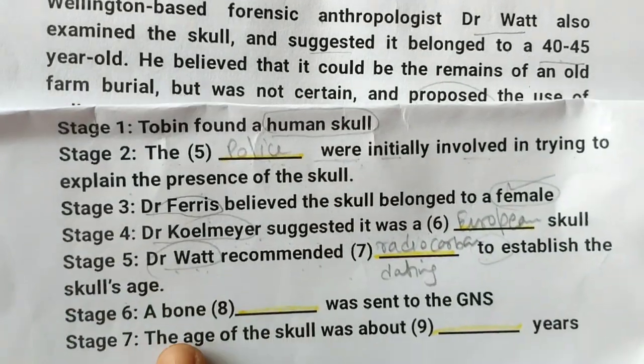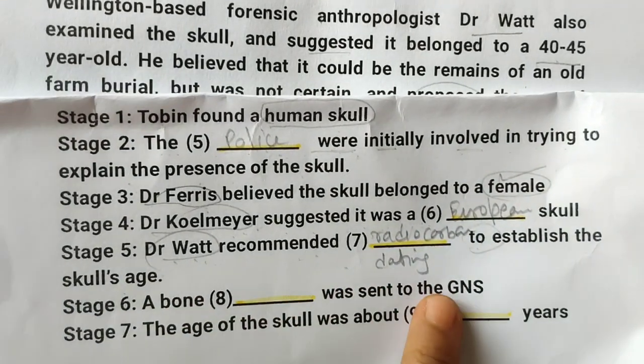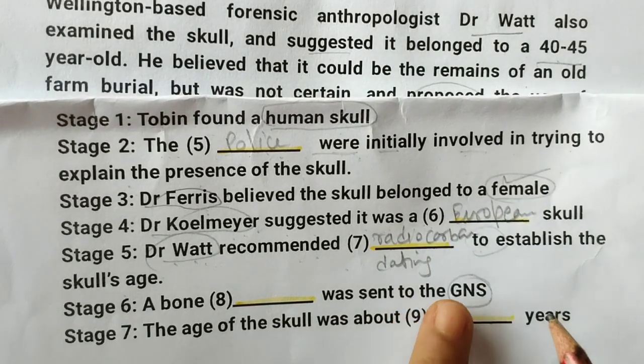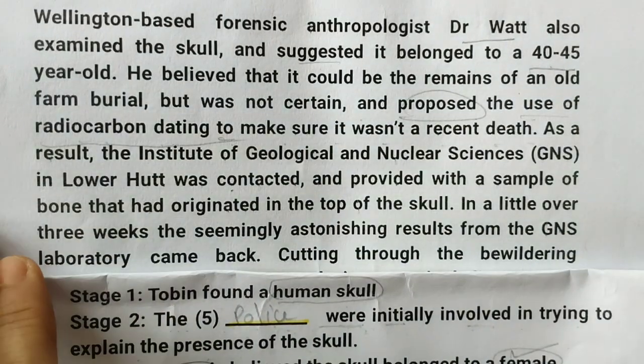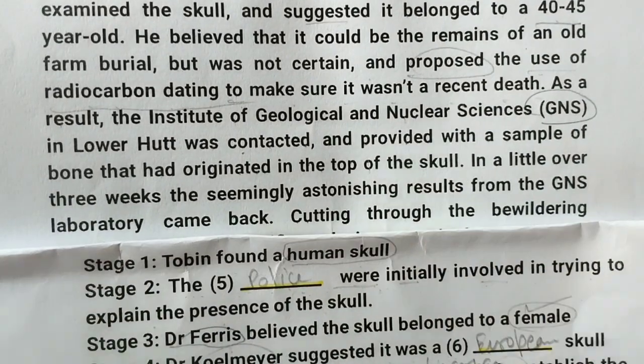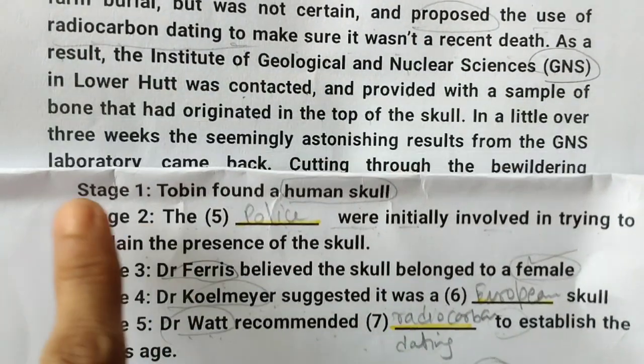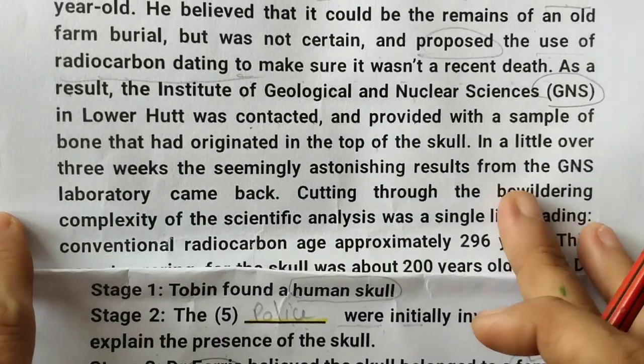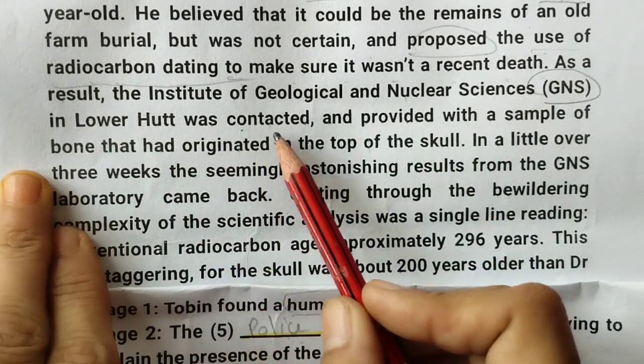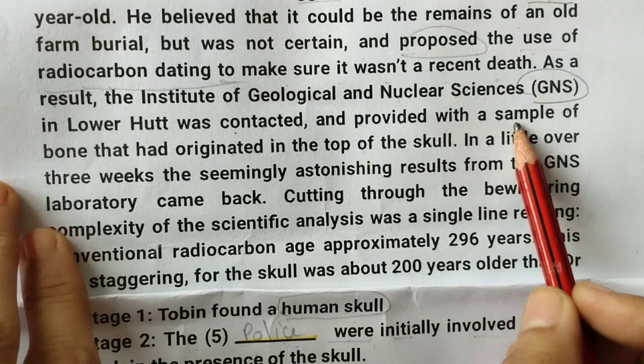Okay, now a bone dash was sent to GNS. Now this is the word for finding the location. So GNS word is here. Okay, a bone dash was sent to GNS. Let's read it. What the bone is. In Lower Hutt was contacted and provided the sample.